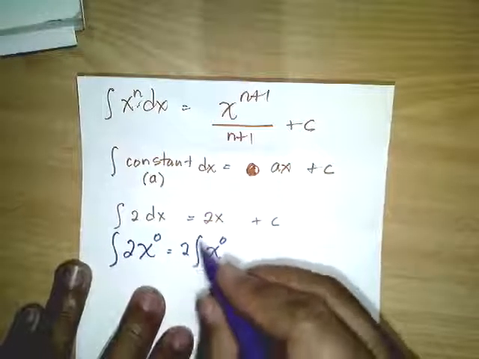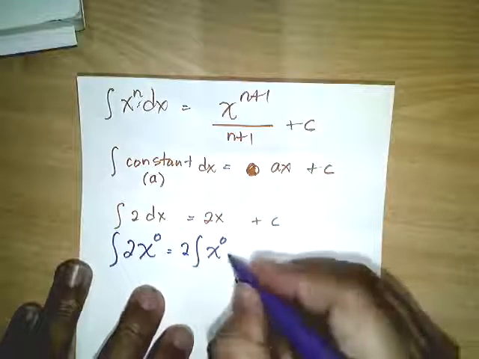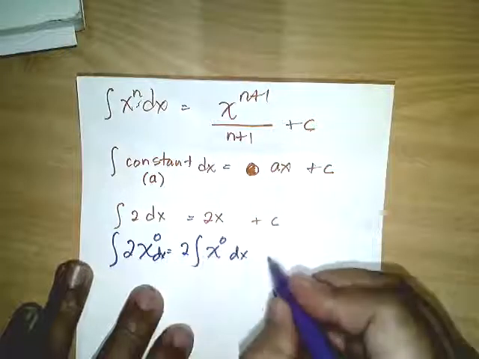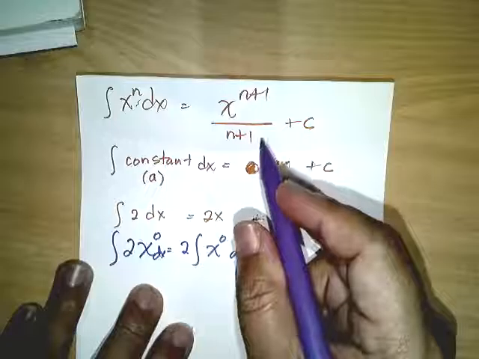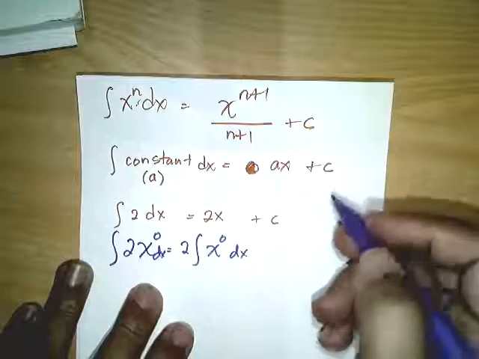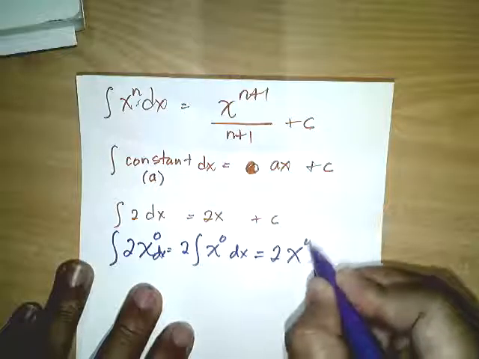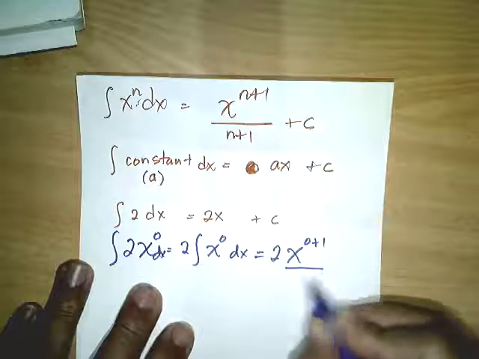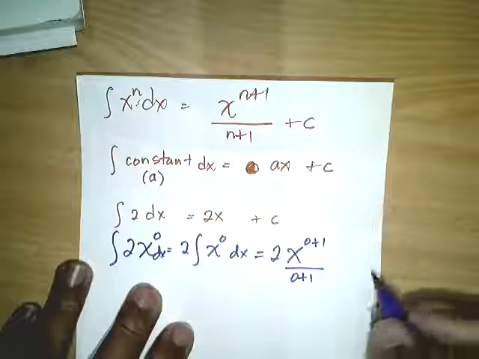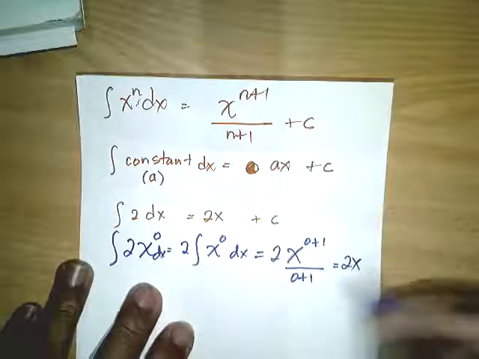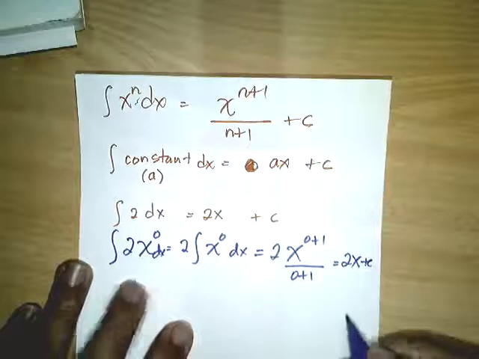You can put the constant outside the integral symbol with respect to x. Using that formula, this is going to be equal to 2 times x to the 0 plus 1 all over 0 plus 1. And that gives you 2x. And then just simply add plus c.